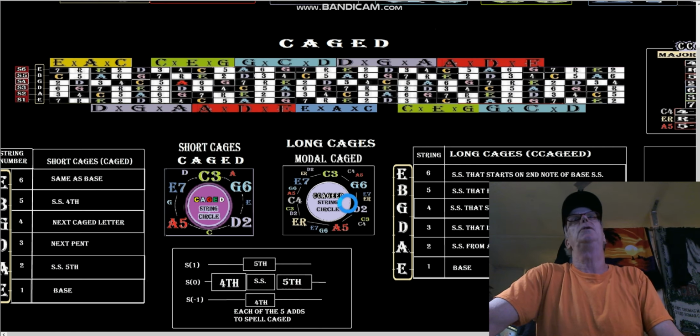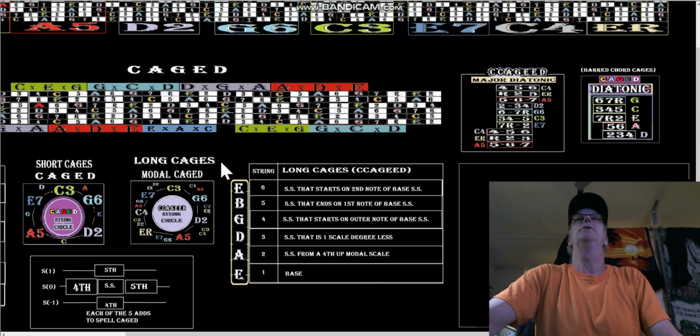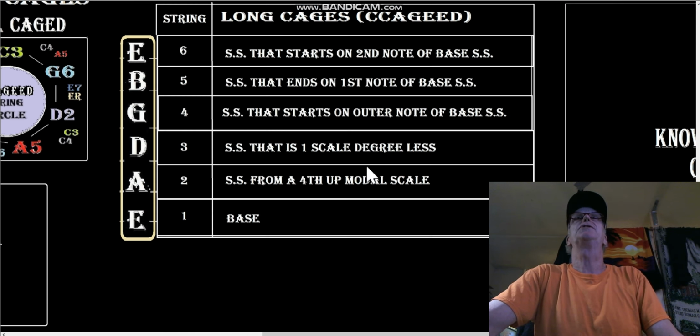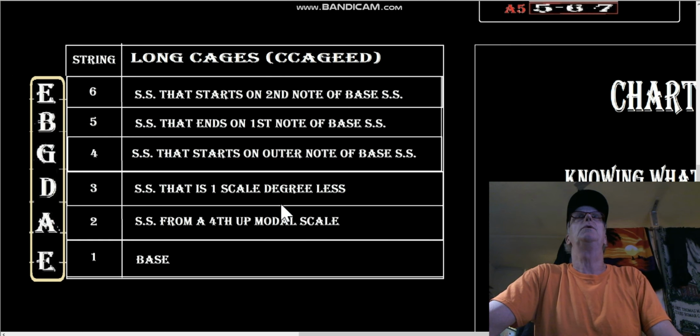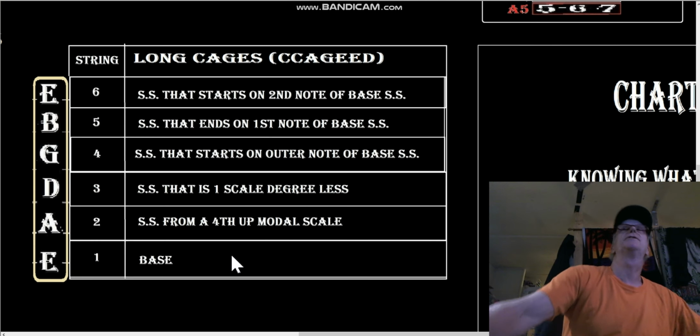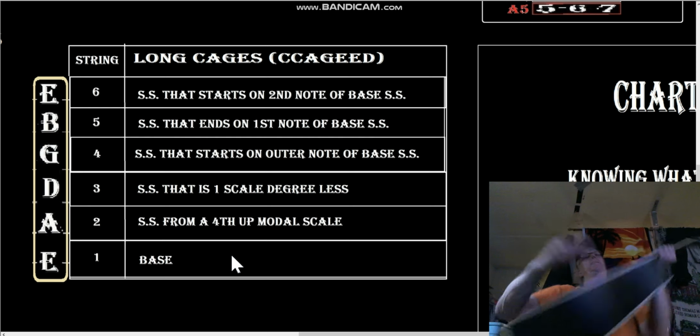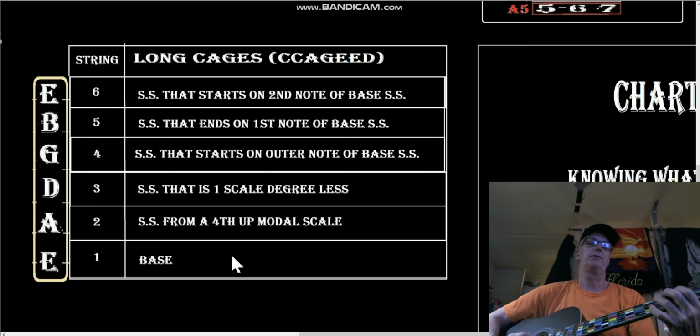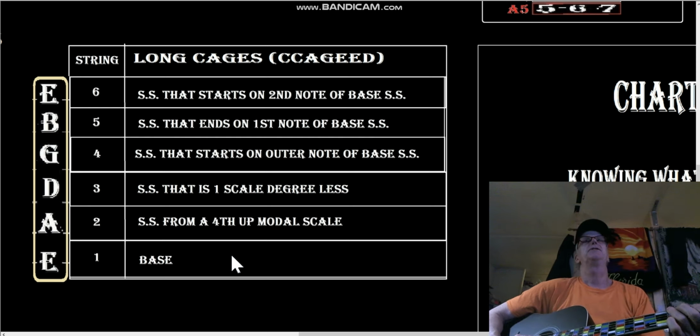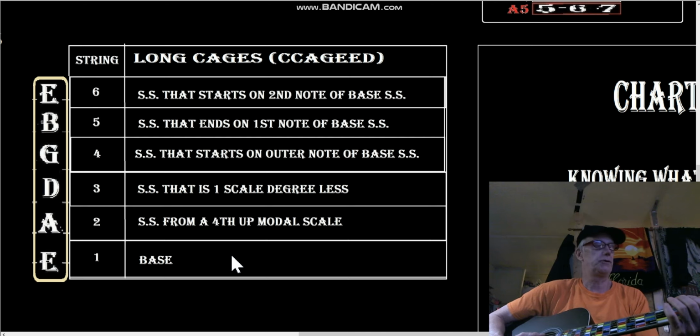So let's look at the rules and get back to what we're doing. You're playing a string shape and you want to know where you are. Well, let's start here. Here's the rules. We're on a base string shape, say root 2, 3. The second string shape is going to be a string shape from a 4th up modal scale. Okay, so it's 1, 2, 3.